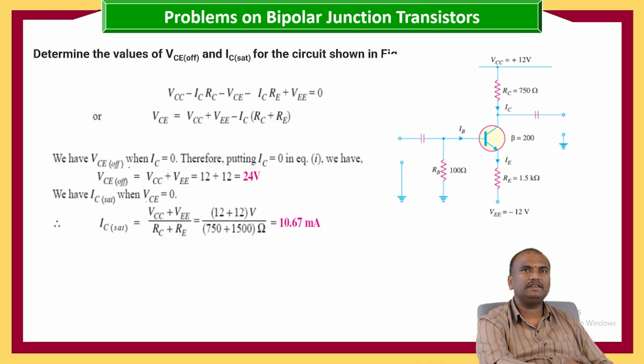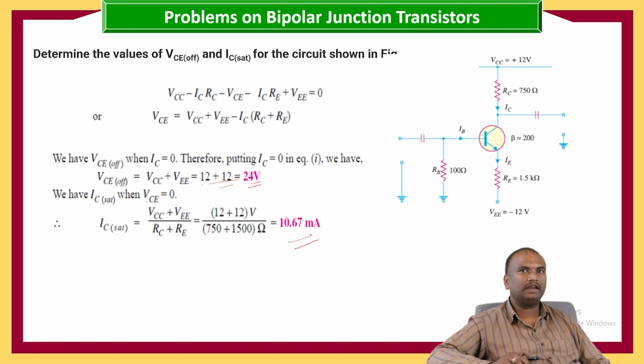We have VCE off when IC is equal to 0. So when IC is equal to 0, VCE off is equal to VCC plus VE, that is 12 plus 12, that is 24 volts. When we have IC saturation, when VCE is equal to 0, IC saturation is equal to VCC plus VE by RC plus RE, which is equal to 10.67 milliamperes.